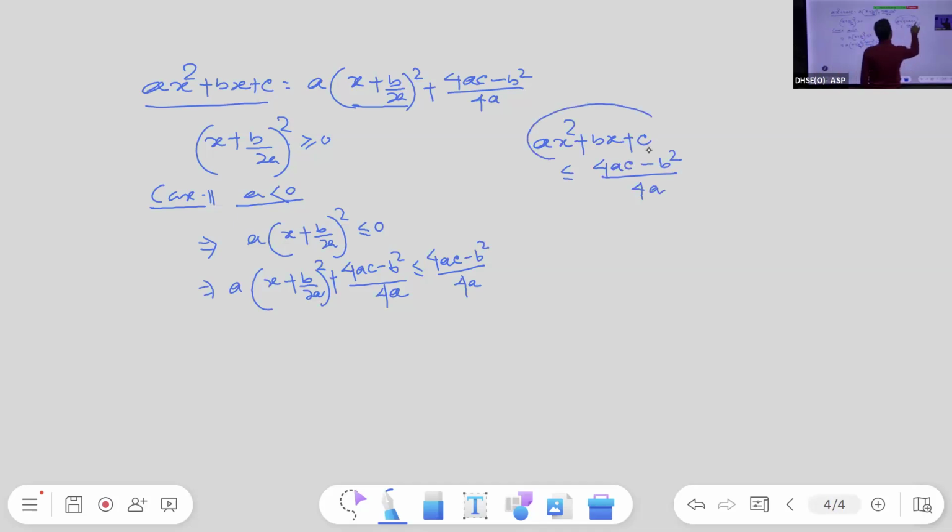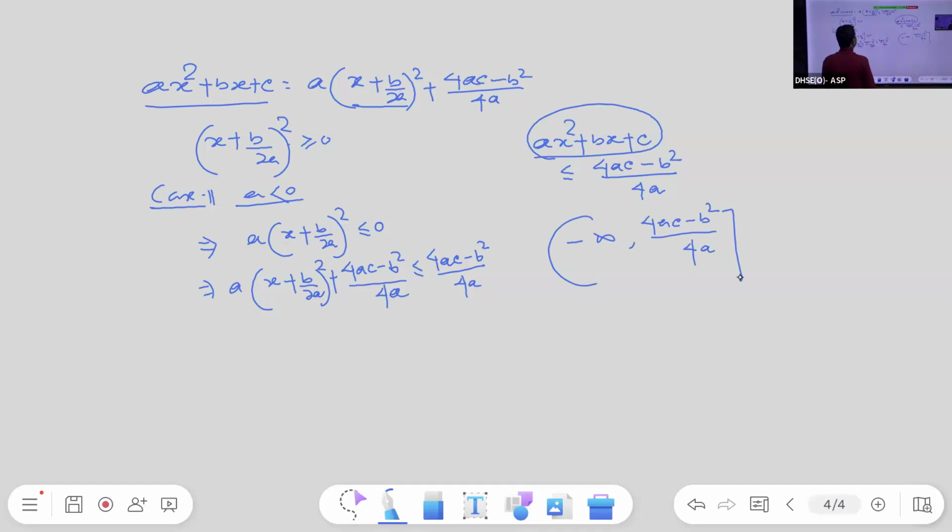Ax square plus bx plus c is a variable quantity. It is less or equal to 4ac minus b square by 4a. That means the maximum value of the expression is 4ac minus b square by 4a, and the minimum value will be negative infinity. So we can say that when a is less than 0, the range of the function is minus infinity to 4ac minus b square upon 4a. Got it? I hope it is clear.